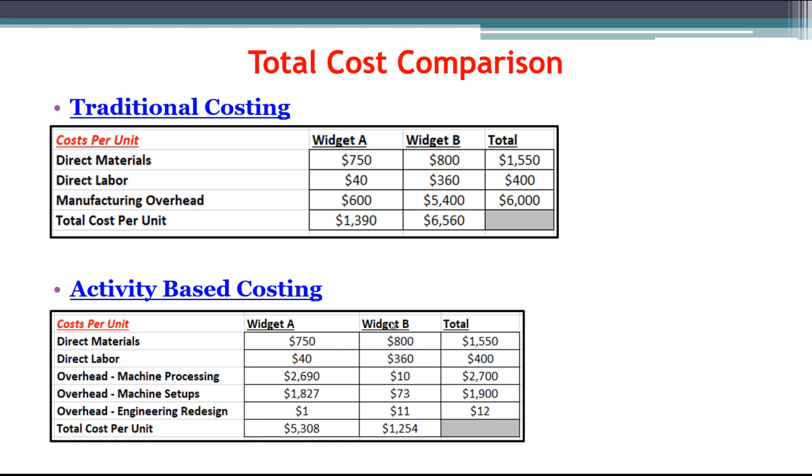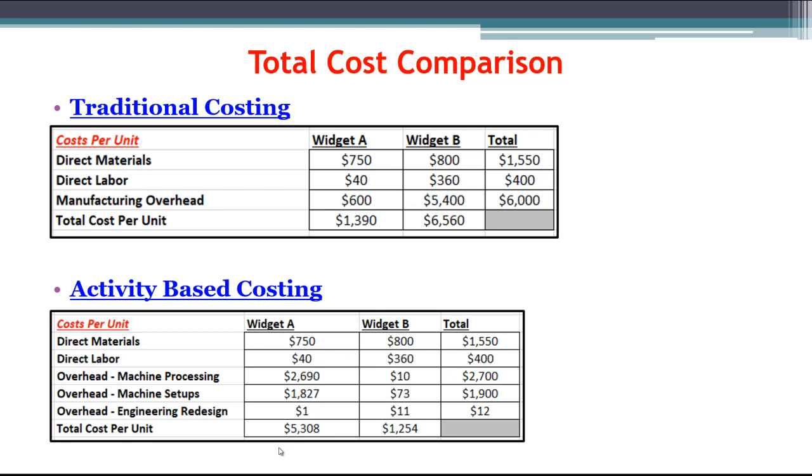Very little goes to widget B because it's more manual labor, it's not automated much. Same with machine setups. Engineering redesign, widget B, perhaps because it was a manually produced product, they had to redesign it a few times, make it easier for people to put together, whatever the case may be, but it had more cost. But look at the difference here.